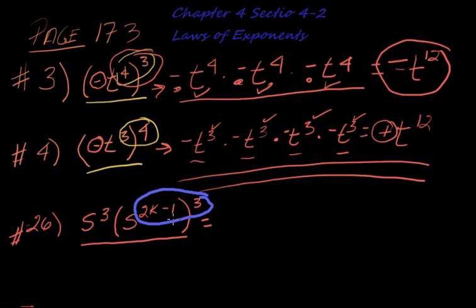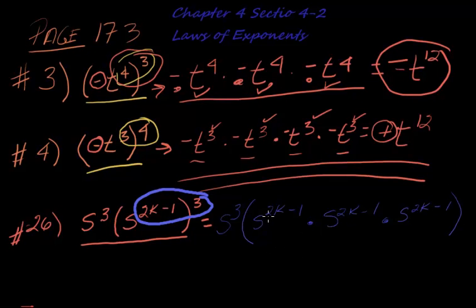The same rules apply, except that we still have s to the third times whatever is in here, which is s to the 2k minus 1 times s to the 2k minus 1 times s to the 2k minus 1. Correct?